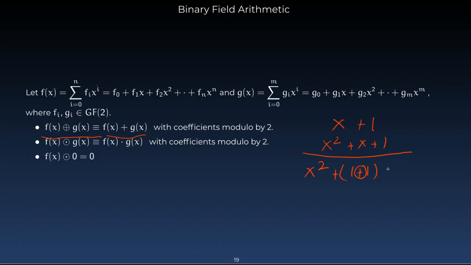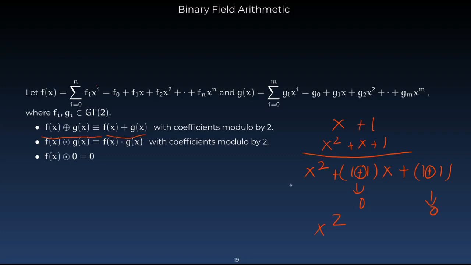This is again modulo 2 addition, so you will see that this is going to be 0, this is going to be 0. So our result becomes x square only. This is how these polynomials are added together in binary field arithmetic.